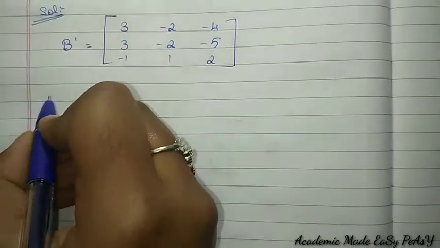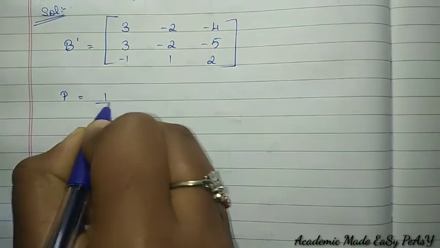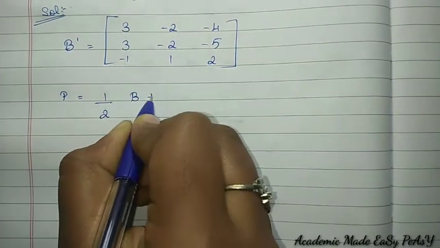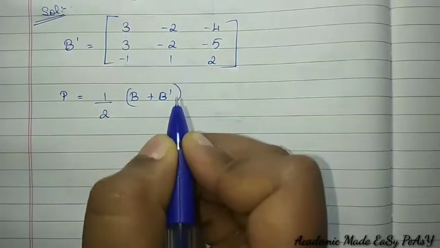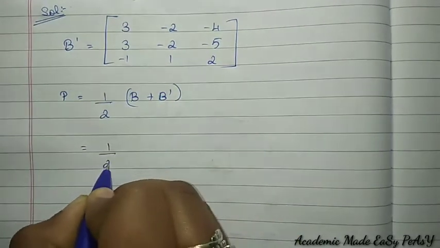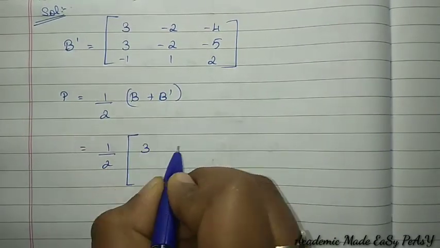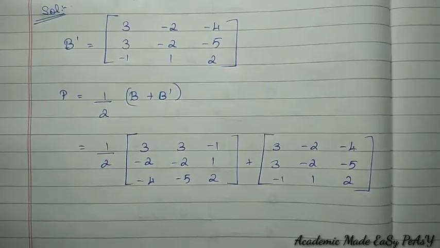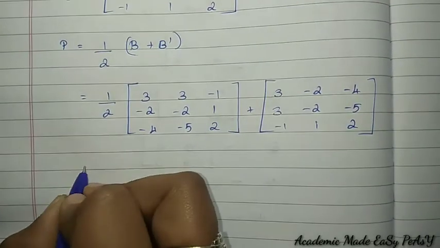So now I will be taking P is equal to half of B plus B transpose. So half of, what is my B? Now I will be adding these two matrices.